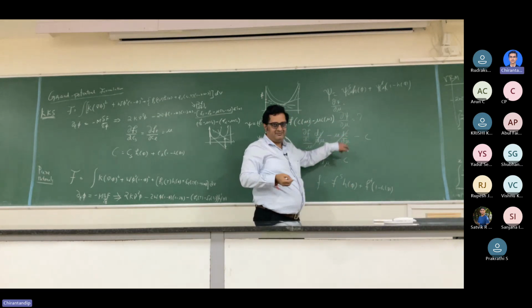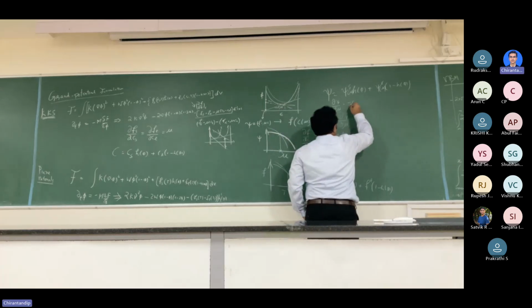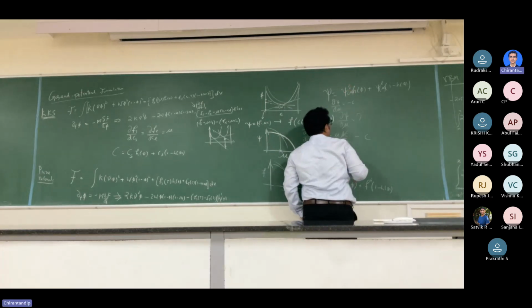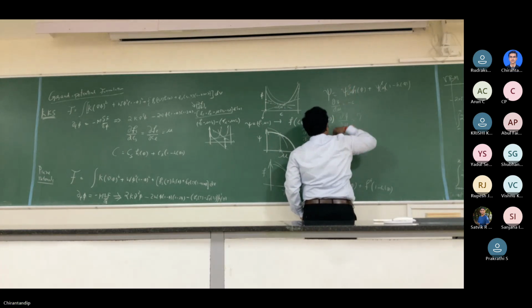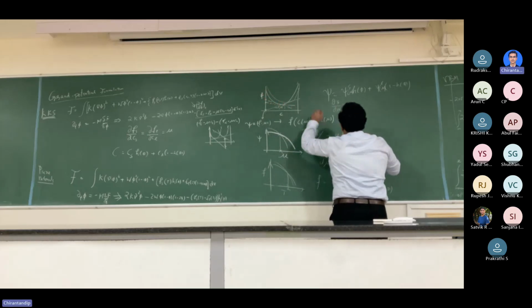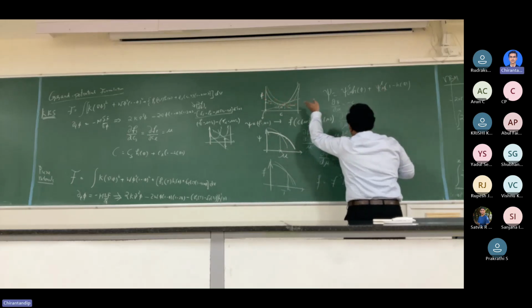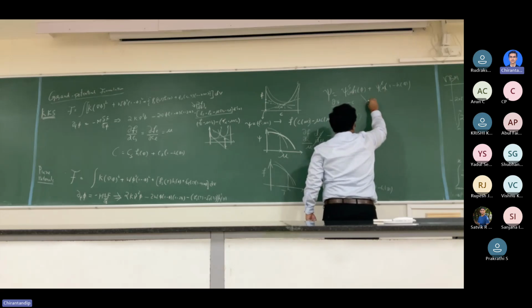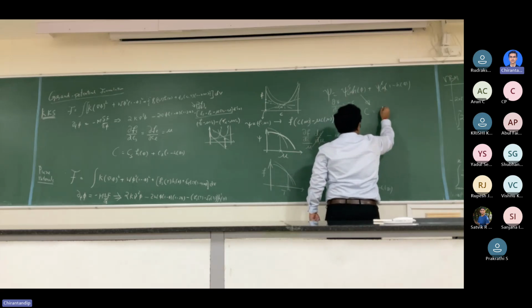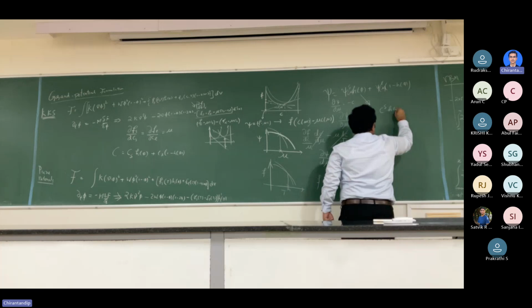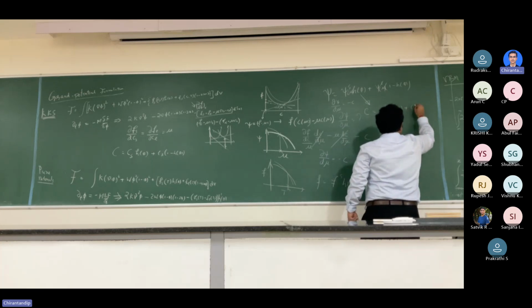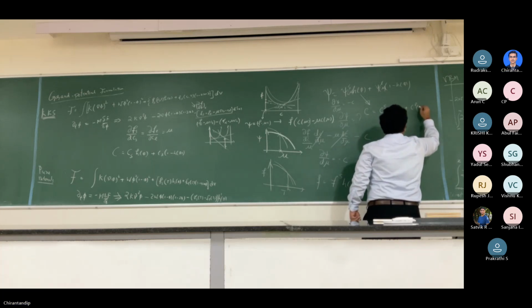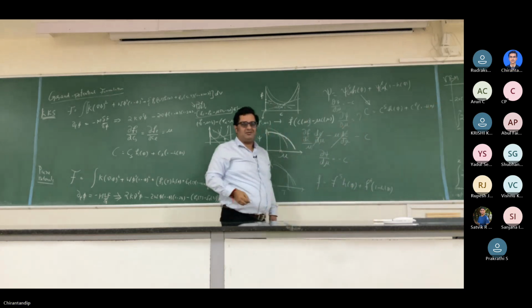We just derive minus C. But then, this is the solid transformation. This is the liquid transformation. If you do it this way, what we essentially will have is that C is equal to Cs. Agree?